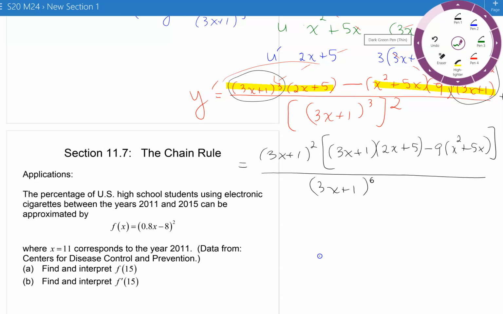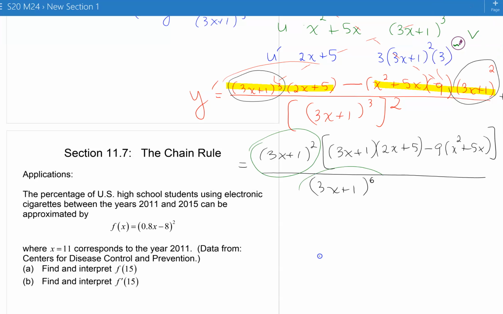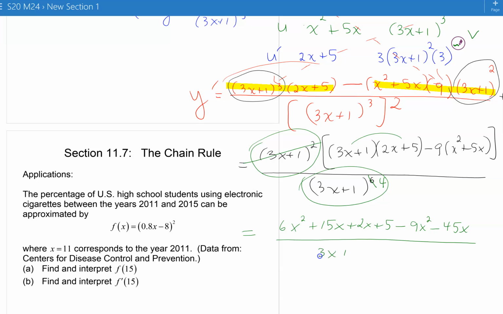Now that you have a matching factor in the top and the bottom, two of these 3x plus 1s are going to cancel with two of the ones in the bottom. And then we're going to FOIL this first pair and get 6x squared plus 15x plus 2x plus 5 minus 9x squared minus 45x, all over 3x plus 1 to the 4th.